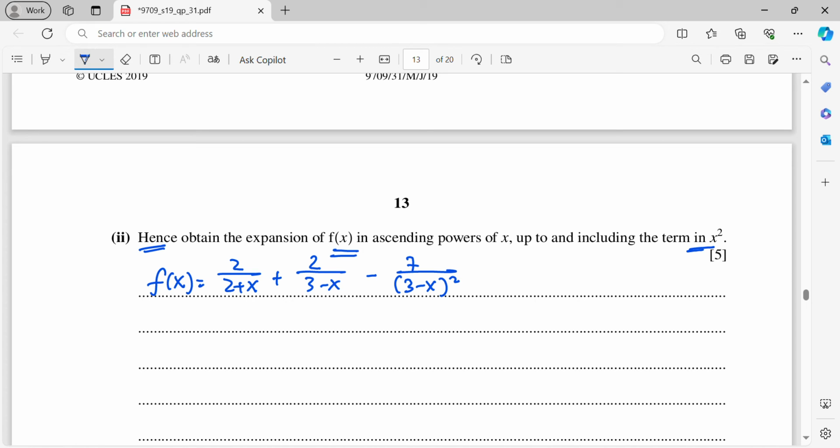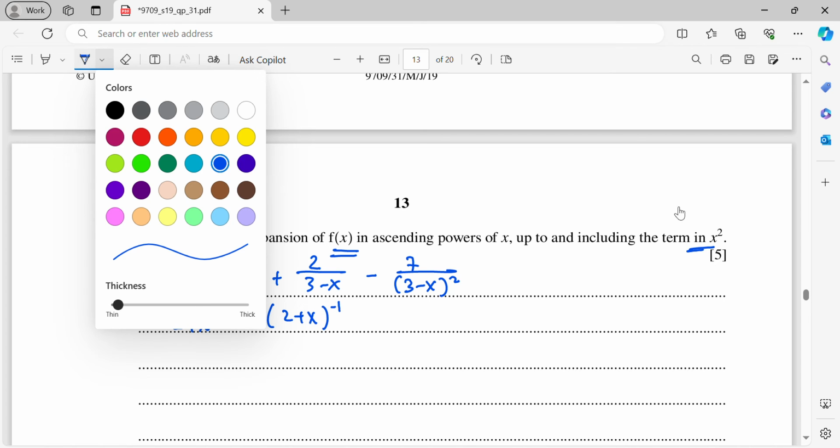Okay, so from here, if you want, you can just expand one by one and then you combine all three. So probably I'll just expand one by one. So 2 over 2 plus x, this is basically 2 times 2 plus x power negative 1.